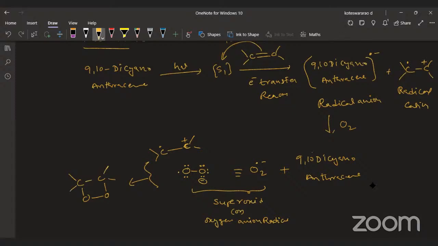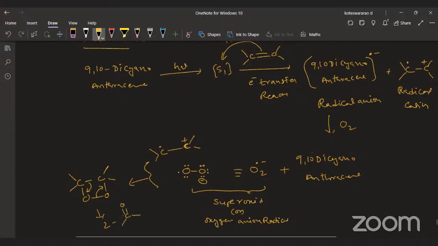First, a cyclic character will be generated. Later, this carbon-carbon bond is taken by this carbon-oxygen, with simultaneous cleavage of the oxygen-oxygen bond, which leads to the formation of two molecules of carbonyl compounds.